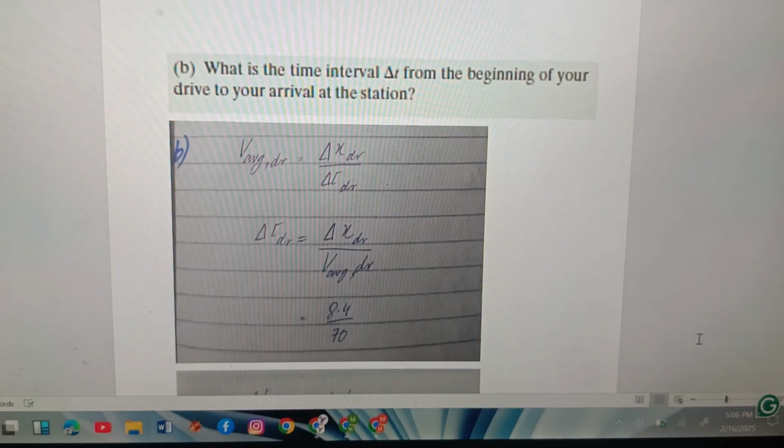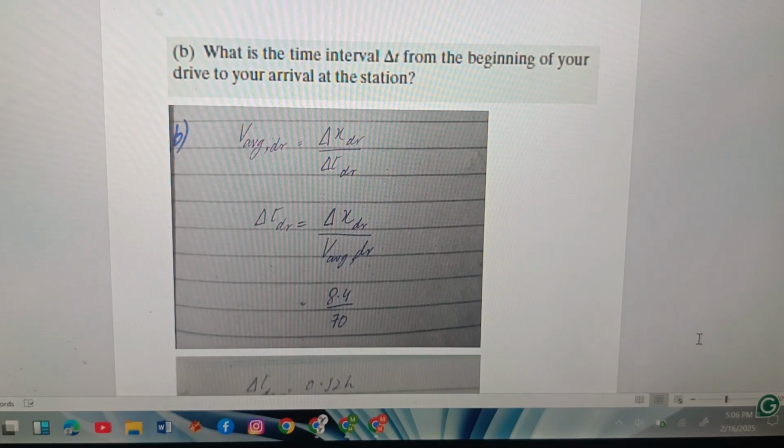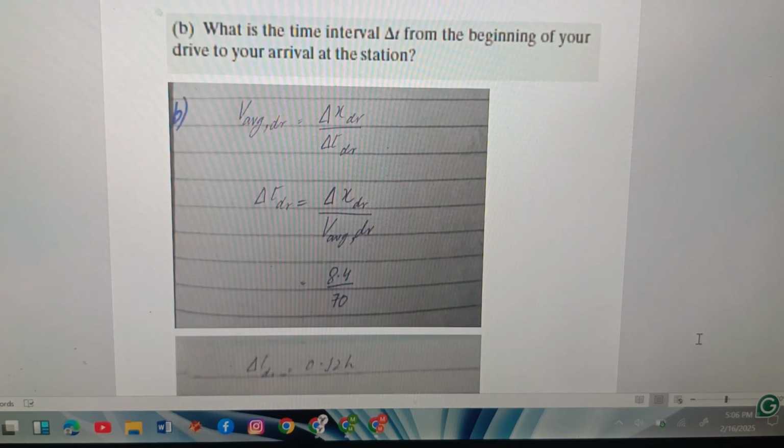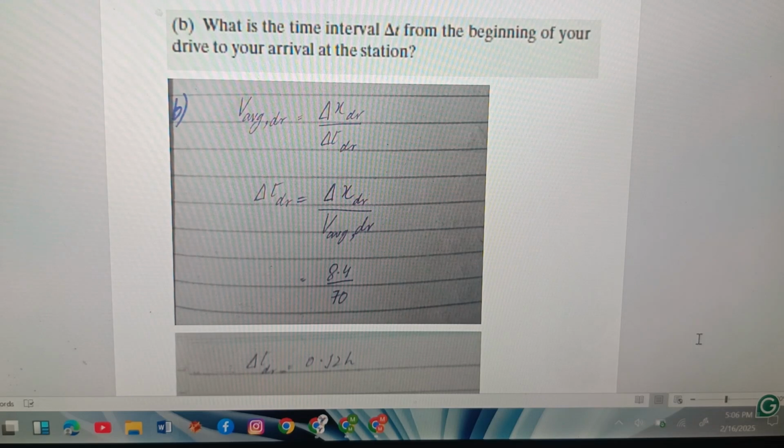Now, in the second part, what is the time interval del t from the beginning of your drive to the arrival at the station? To calculate the time interval del t, we need to calculate the velocity first.